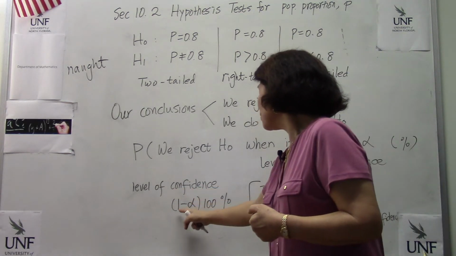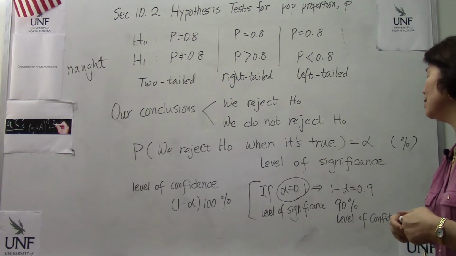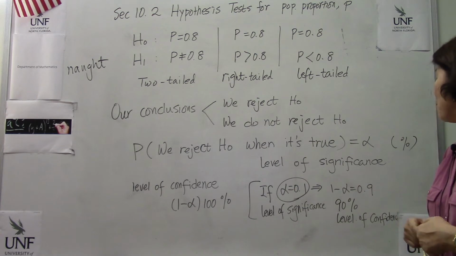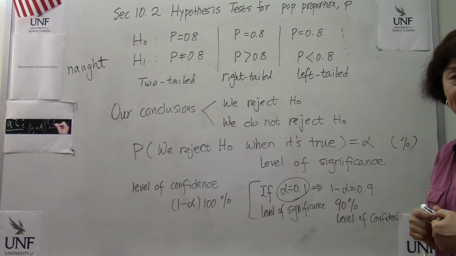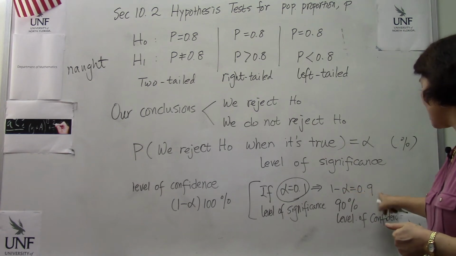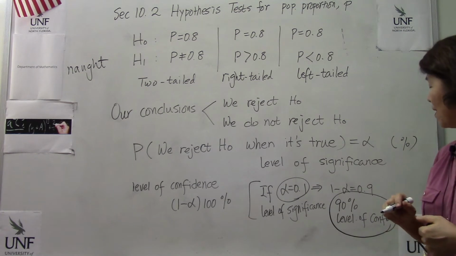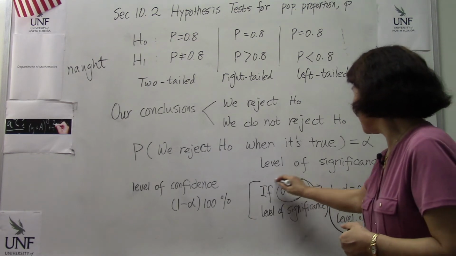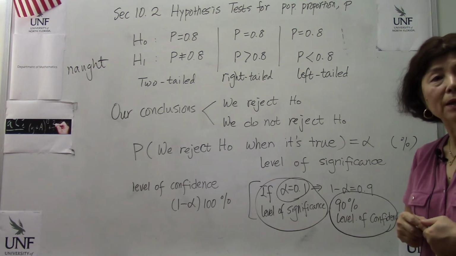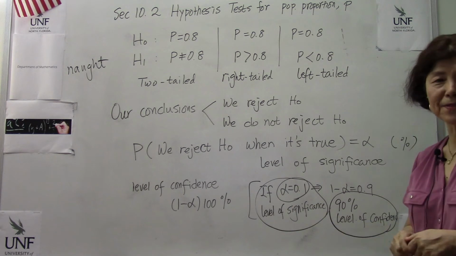Level of confidence was expressed as 1 minus alpha times 100%. So for example, if alpha is 0.1 or 10%, that means 1 minus alpha is 0.9, so that is a 90% level of confidence. I'm sorry, level of significance is 0.1 or 10%. Two different things here.